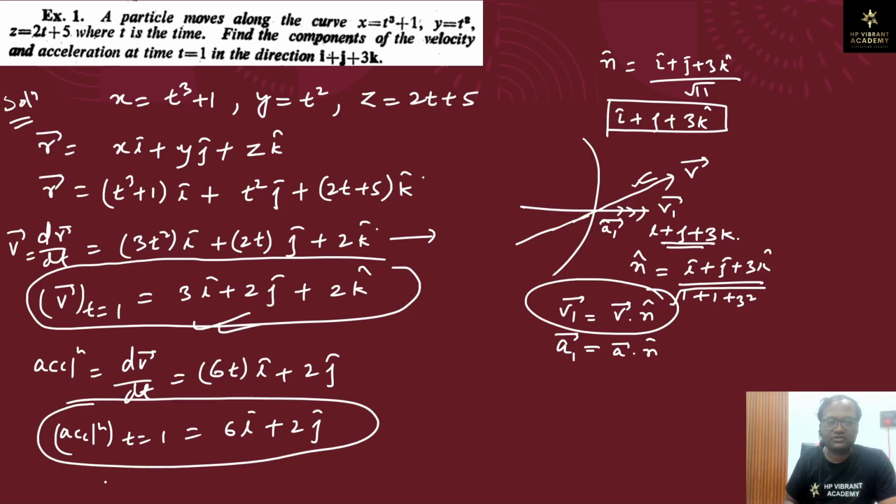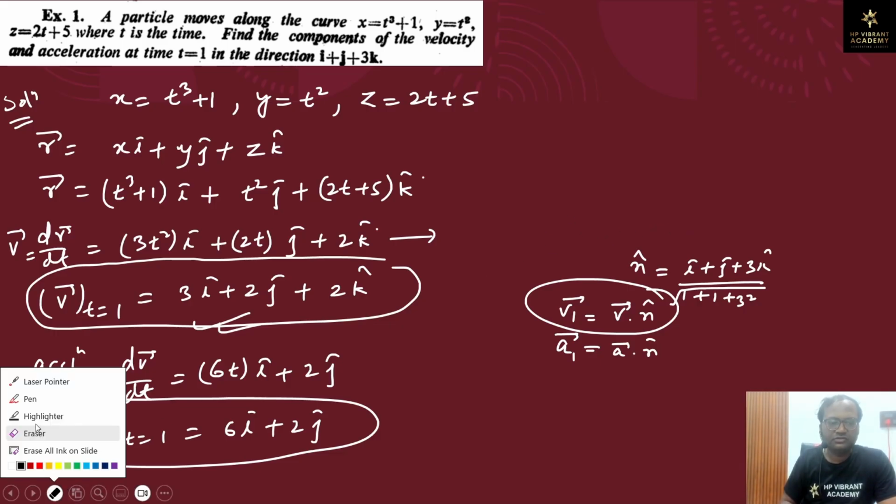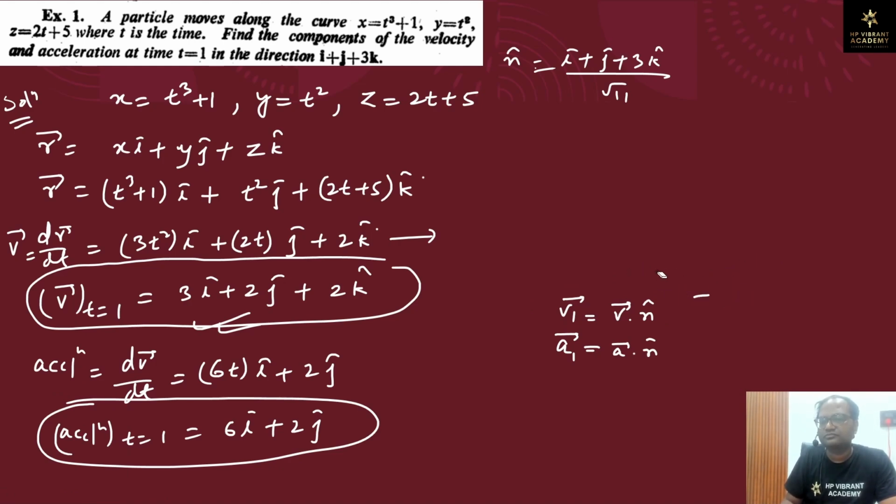So let us find the component of velocity and acceleration in the direction of i cap + j cap + 3k cap. The unit vector is (i cap + j cap + 3k cap) upon root under 11. Let us find the component of velocity.